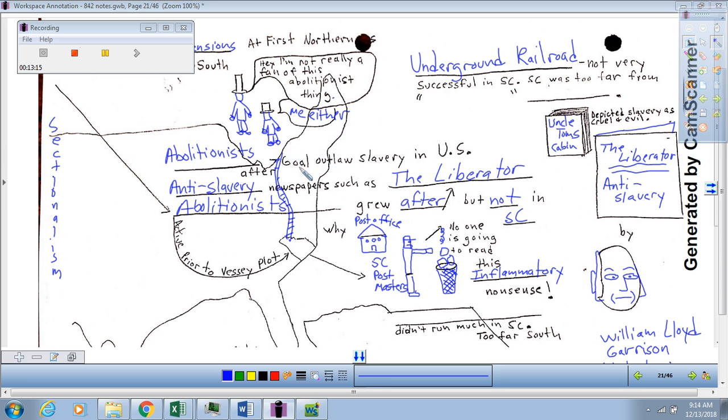Because even if they settled in the free states, they were still technically in the United States, technically someone else's property, and technically, if you had them in your possession, you were in possession of stolen property. So, the Underground Railroad was not successful because South Carolina was too far from the free state border.